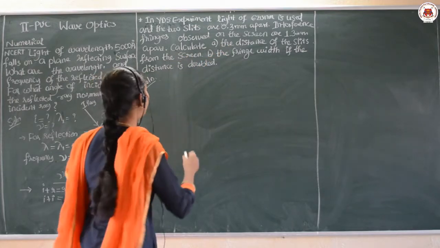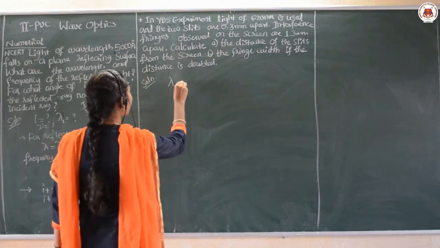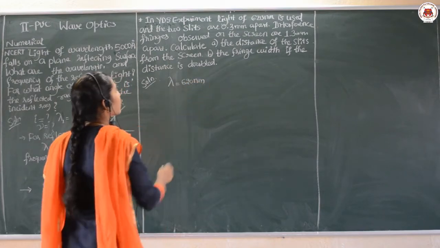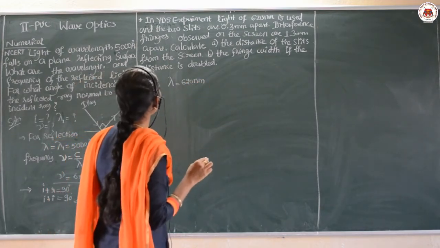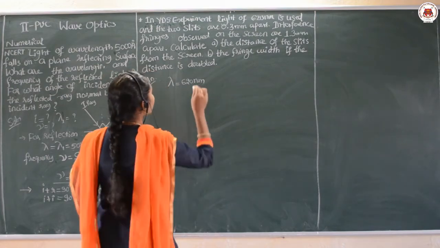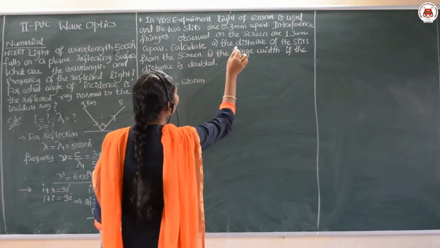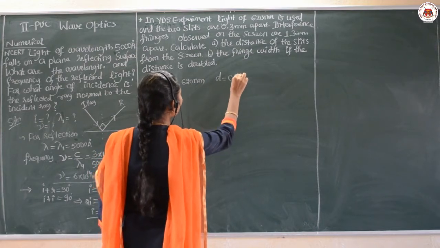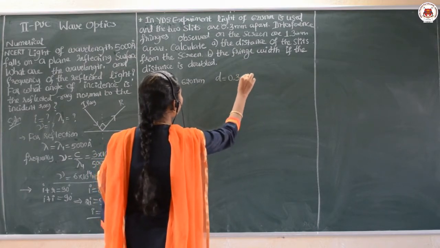Go on writing here: it is having a wavelength of 620 nanometer, and the two slits are 0.3 millimeter apart. The distance between the two slits is 0.3 millimeter.